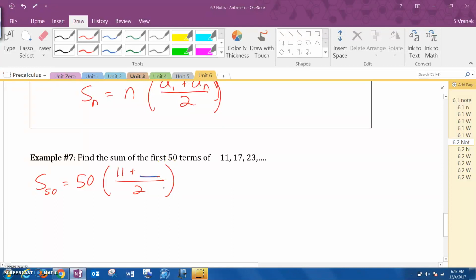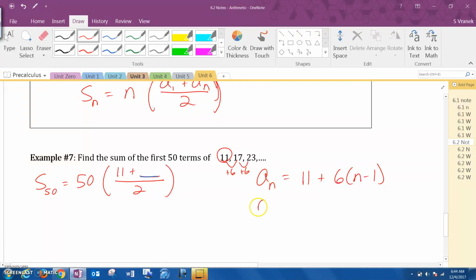Well, luckily, remember, we have a formula for a sub n. A sub n is that formula I gave you on the other page, so we're going to have to come up with that formula for this problem, unfortunately. But it's actually not that bad. Hopefully you guys see the common difference is plus 6, and the first term is 11. So remember, for the nth term formula for an arithmetic sequence, it's the first term plus the difference times n minus 1 terms.